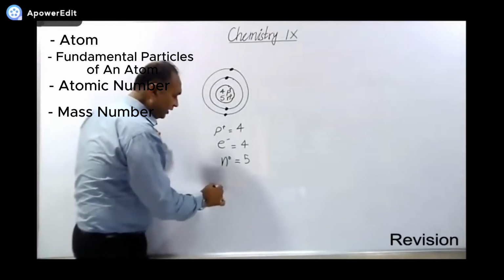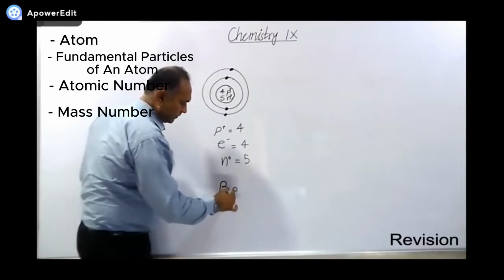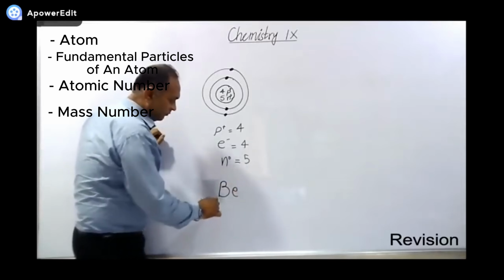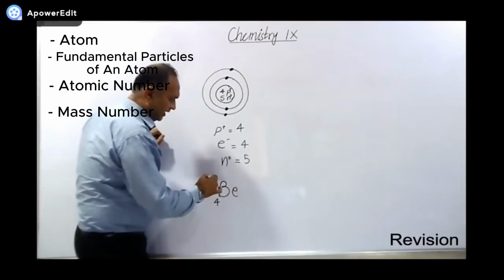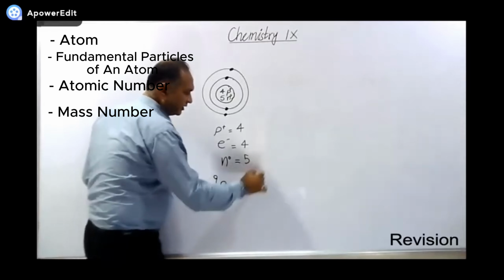So how will we write this? Beryllium 4 and 9. 4 will represent what? The atomic number, which is 4 in this case. And 9 will represent what?